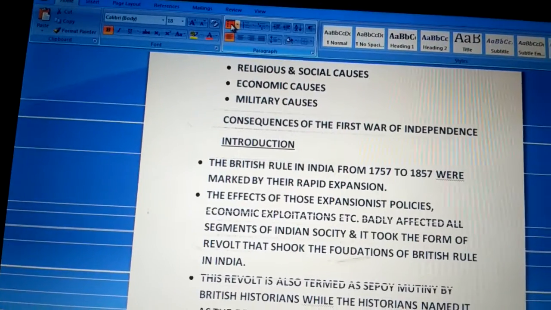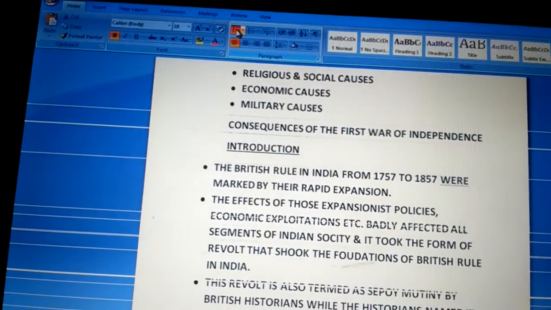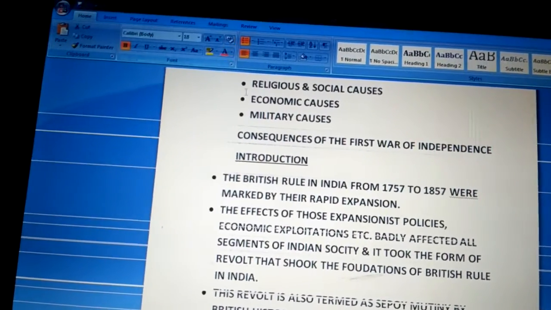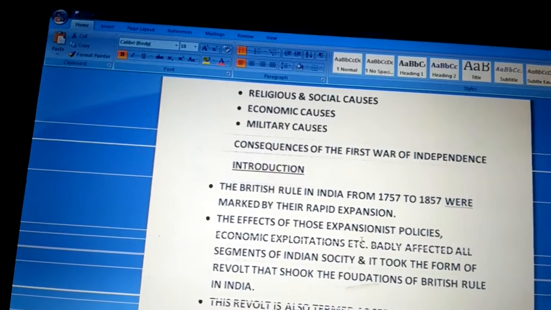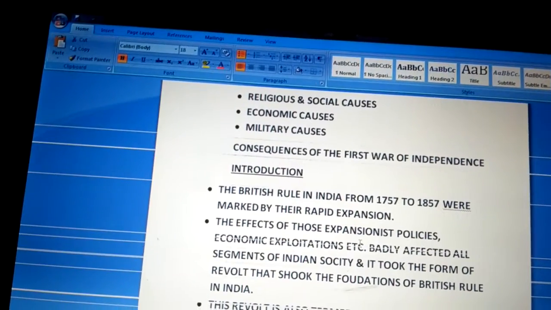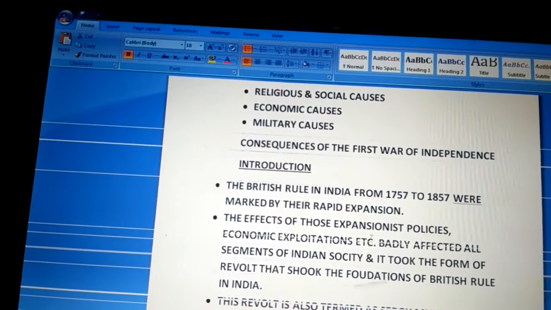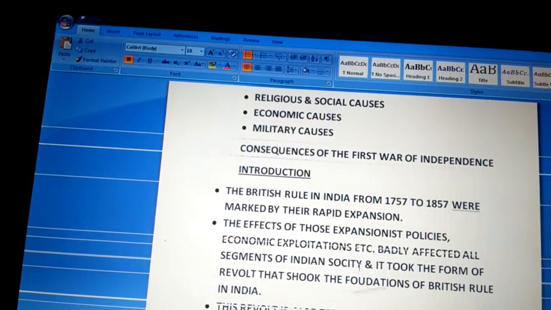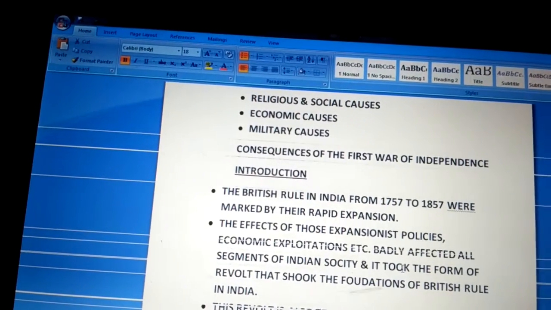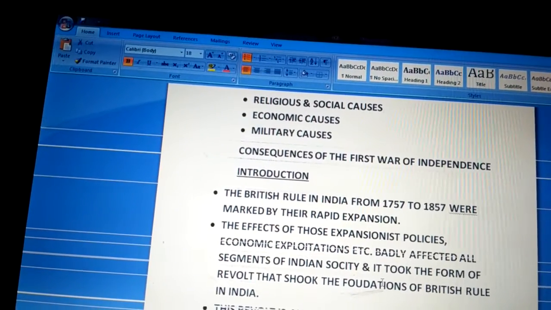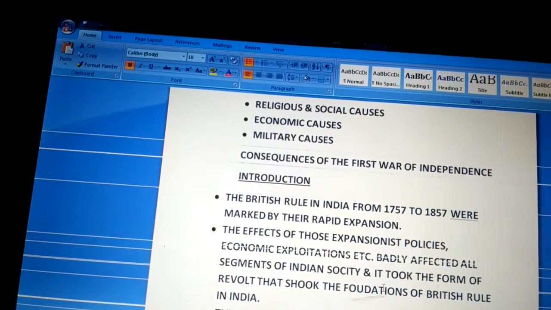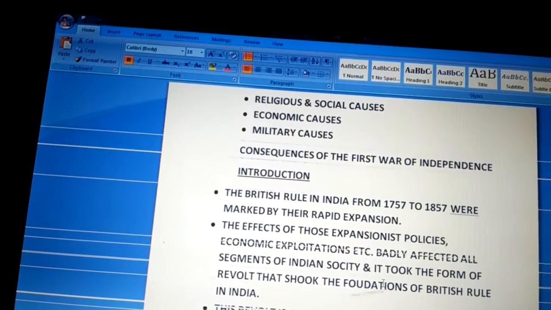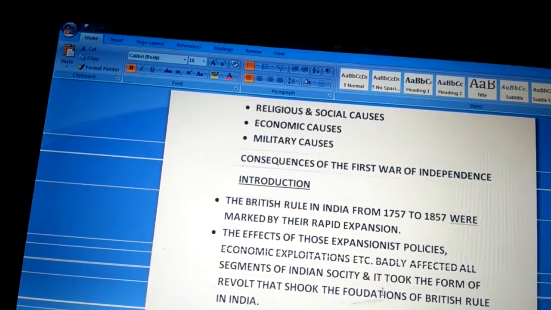The effects of those expansionist policies, economic exploitation, etc., badly affected all segments of Indian society, and it took the form of a revolt that shook the foundation of British rule in India.